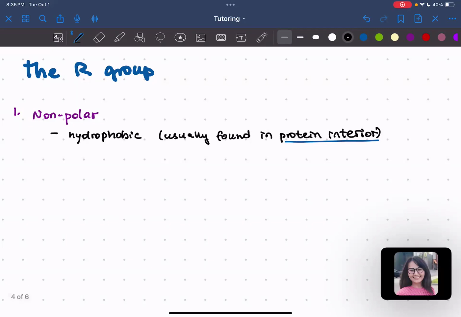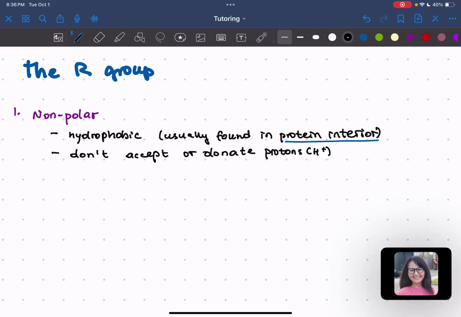So another feature is they do not accept or donate protons. Think of them as that cheap aunt or neighbor or friend who doesn't like to spend much money.